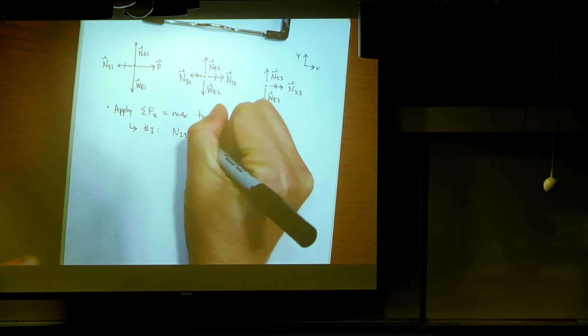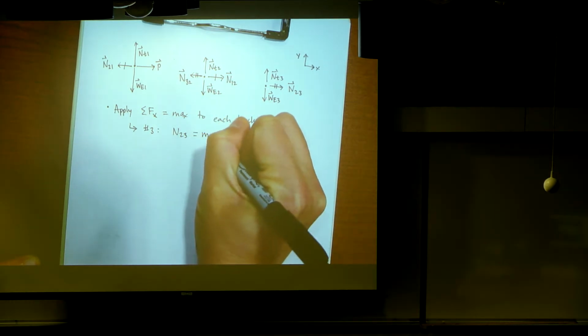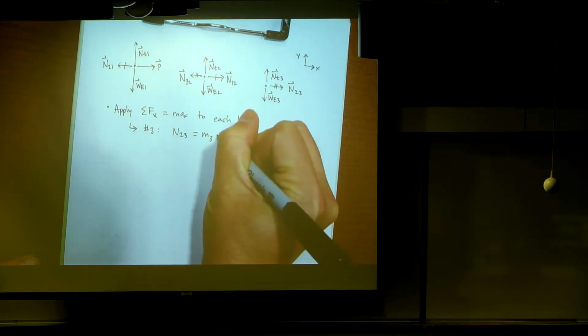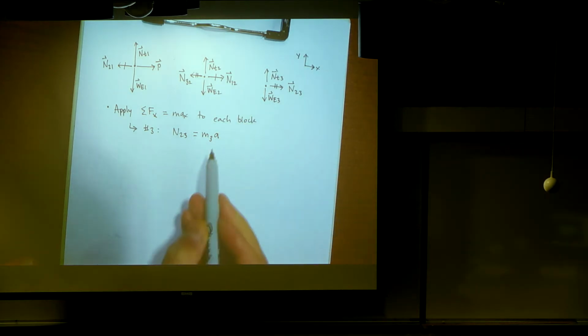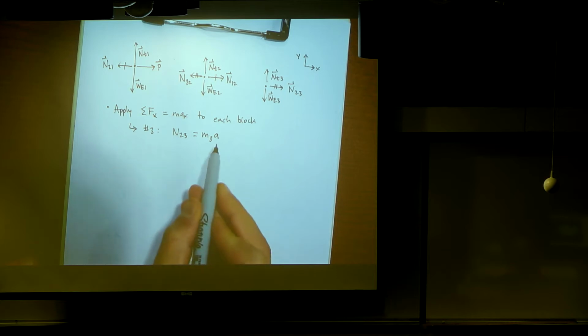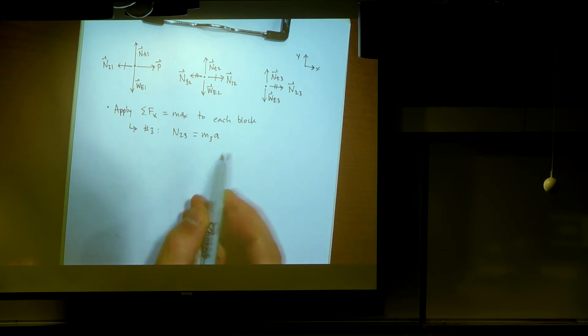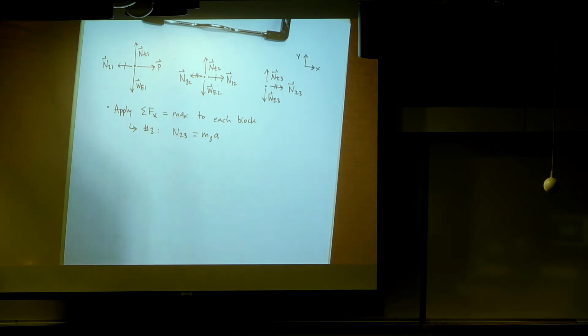And what's that going to equal? It's going to equal the mass of block 3 times its acceleration, which I'm going to call just A. And by the way, they're all moving together, so they all have the same acceleration. So I don't need to separately label them, right? Whenever you see A, that's just the acceleration that applies to all the blocks, okay?